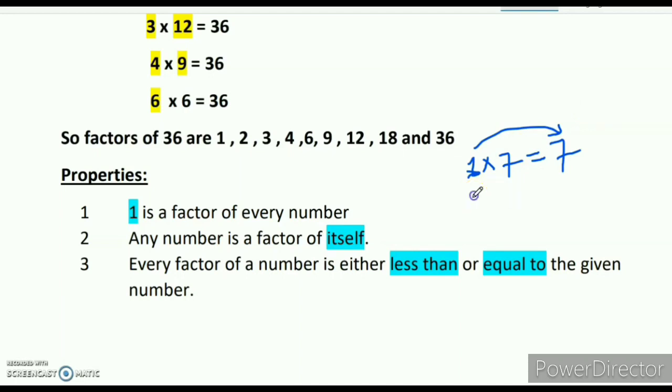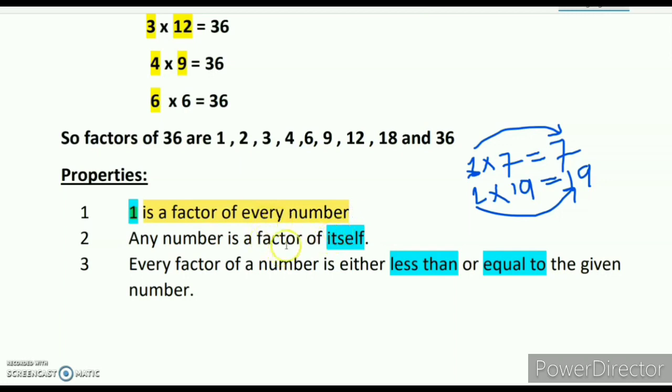Similarly, 1 multiplied by 19 is how much, children? It's 19. So we can tell from here that 1 is also a factor of 19. So 1 is a factor of every number.